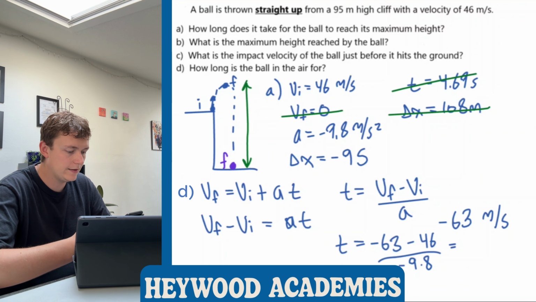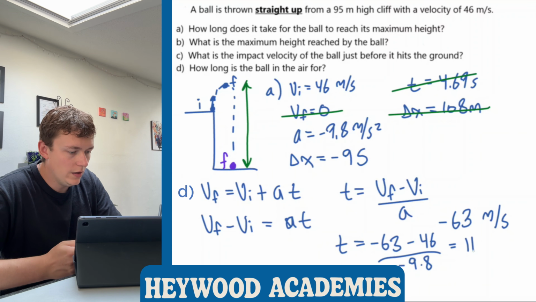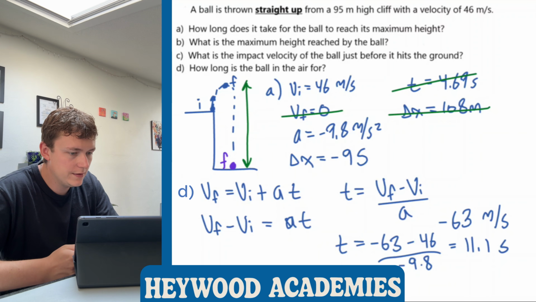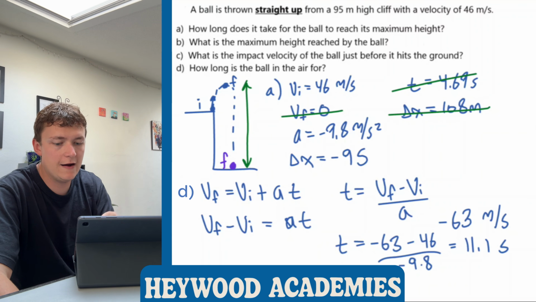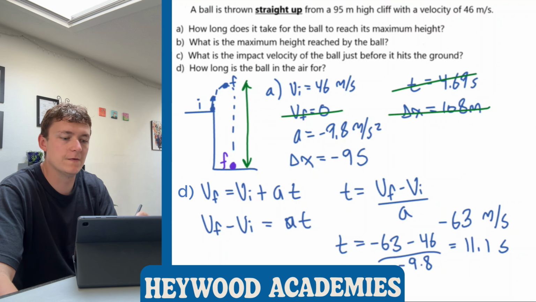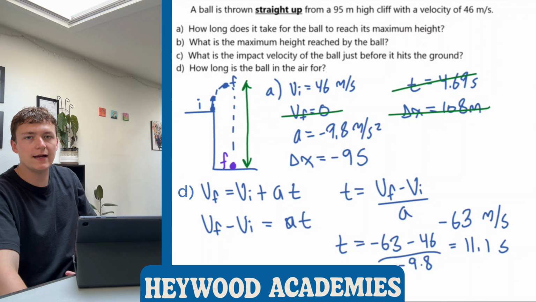So we'll plug that in to get our final answer for this one. Alright, we got 11.1 seconds, and that is how long the ball is in the air for the whole flight. So from where it starts, all the way to the top, and then all the way back down to the ground.